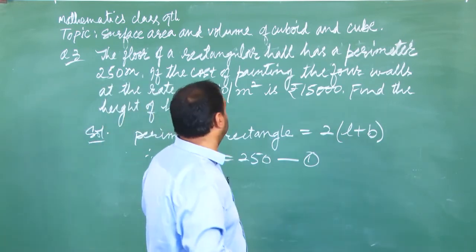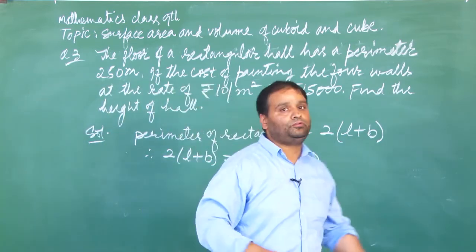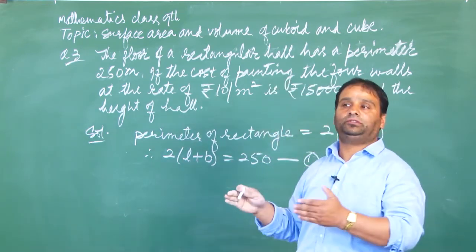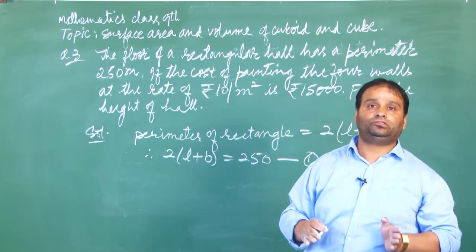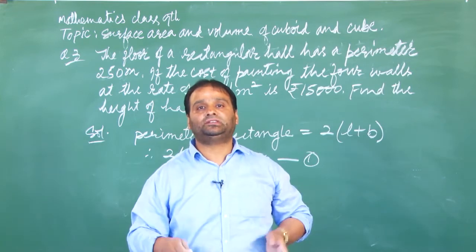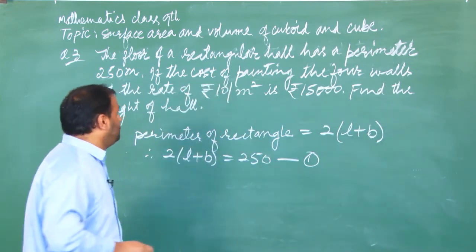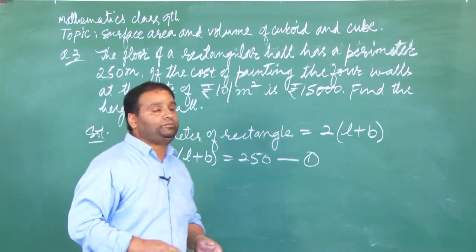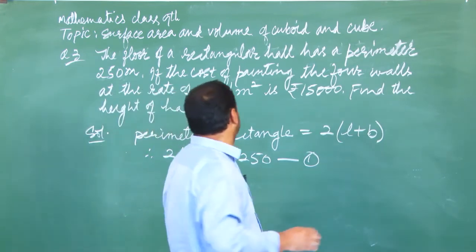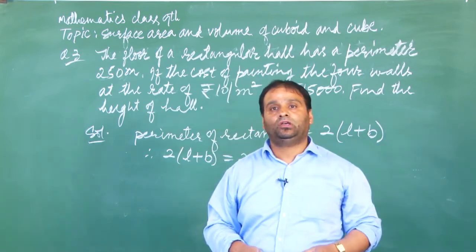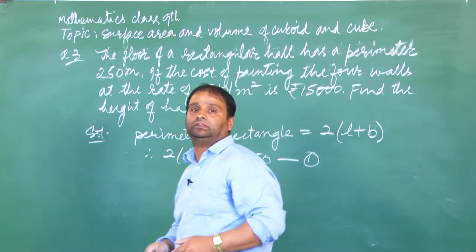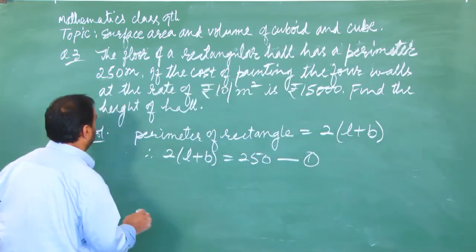Now another part of that question is given, that the cost of painting the 4 walls of that hall. The 4 walls of that hall cover the lateral surface area of the cuboid, and the cost of painting the walls is rupees 15,000 at the rate of rupees 10 per meter square. So this can give us the lateral surface area of the hall.